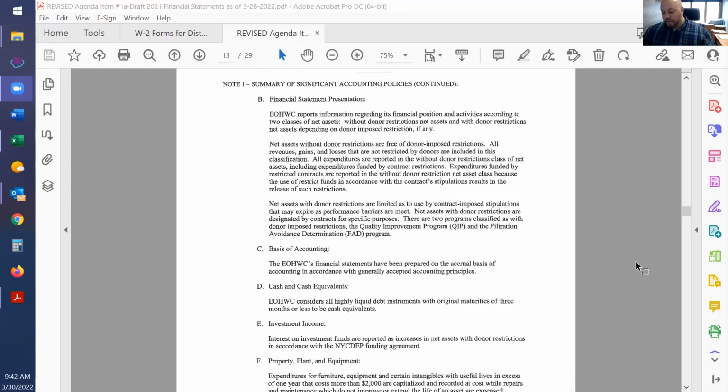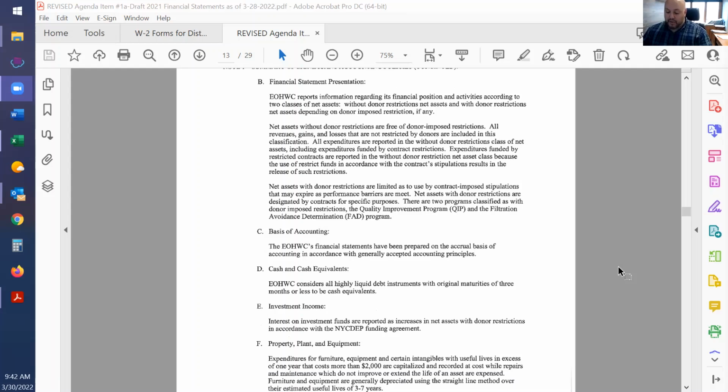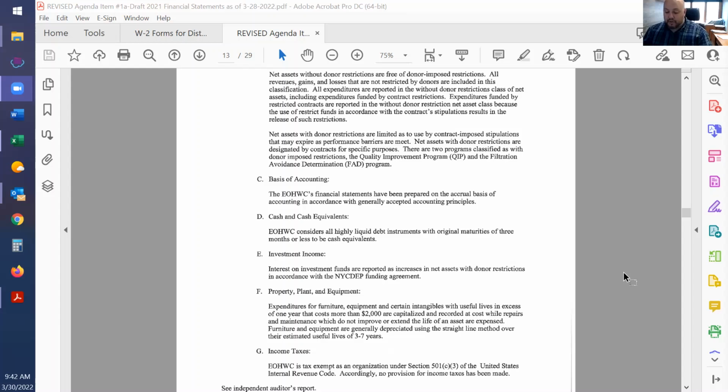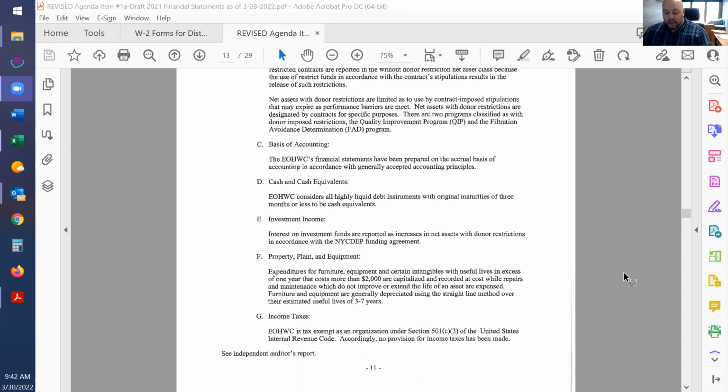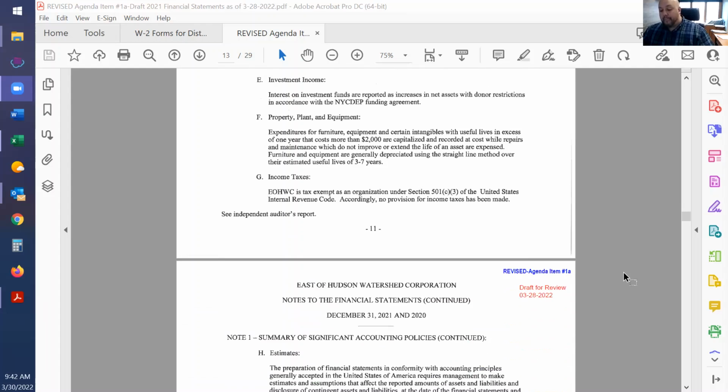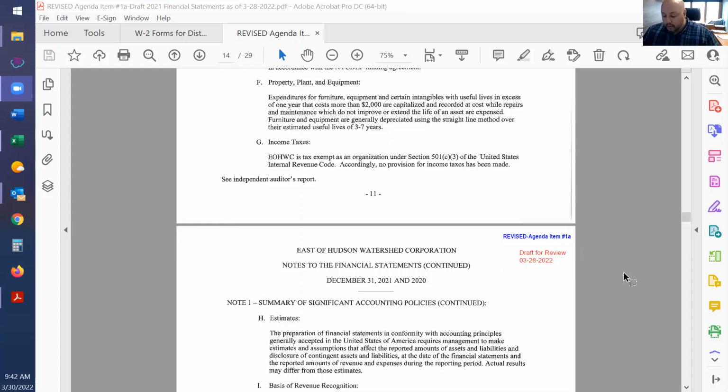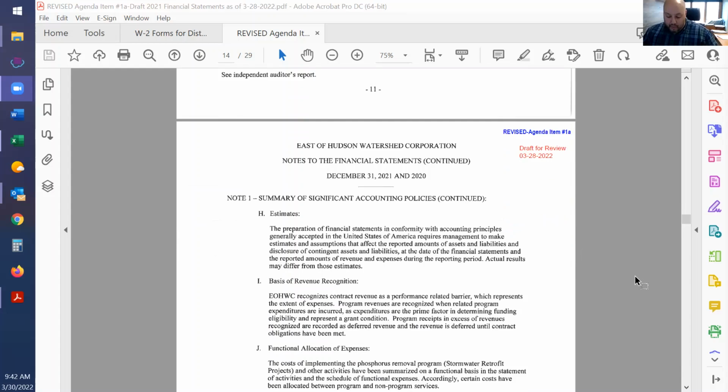Cash and cash equivalents gives a breakdown of what we consider to be cash and cash equivalents, or any cash or monetary asset that's able to be used within 3 months of the year end. And then we go through and give a little explanation of different policies and procedures of the organization, for some other sources, property, plant, equipment, income taxes, and going through to the next note.